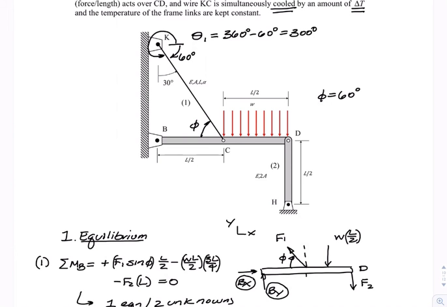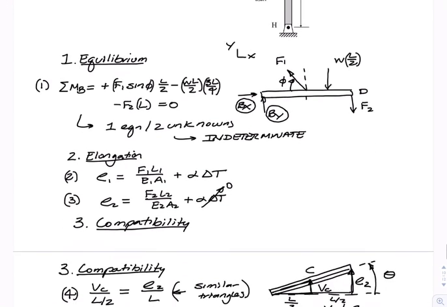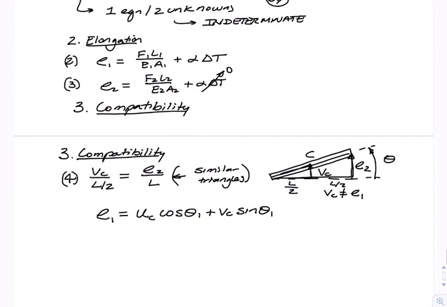We know, therefore, the angle theta 1. We also know that UC is equal to 0. For small rotations of that bar, C is moving straight up. There is no horizontal component of the deflection there for C. So what I can do is combine these two together and drop out UC here.